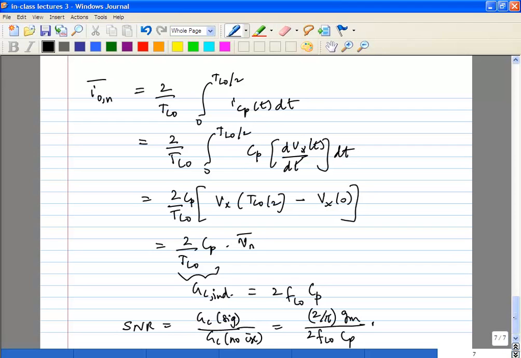So obviously you want to minimize CP, you already know that. The other thing is, if CP is similar in value to, let's say, CGS of the transconductor, you can rewrite this in terms of FT and show that it's inversely proportional to FT.